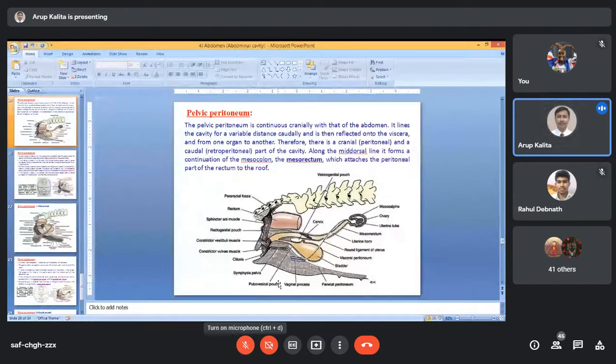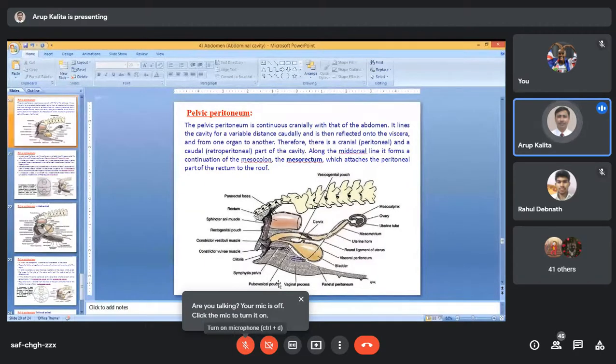They are sacrorectal pouch, between the sacrum and the rectum, then rectogenital pouch, between the rectum and the genital organ, then vesicogenital pouch, between the genital organ and the urinary bladder, and the pubovesical pouch, between the urinary bladder and the pubic bone. So this is the fate of pelvic peritoneum in the pelvic cavity. If somebody asks you to write about the pelvic peritoneum, you have to explain these pouches. Okay?